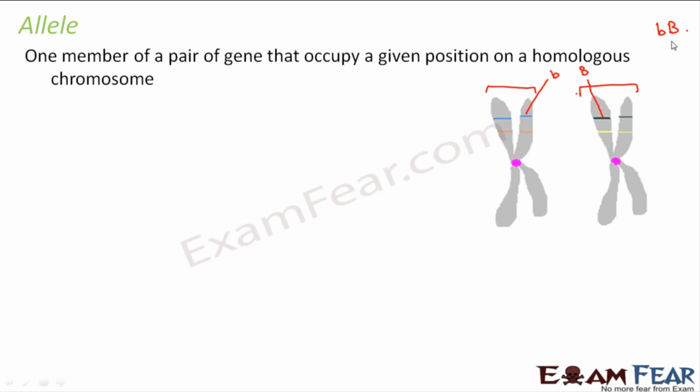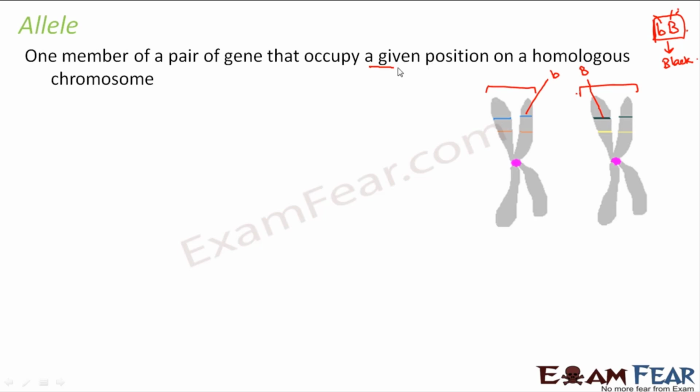Small b, capital B. So what would be the eye color when taken together? It will be black, because black is the dominant trait, right? Now each of these, that means this small b and this capital B, they are separately known as an allele. So allele is one member of a pair of genes that occupy a given position on a homologous chromosome.